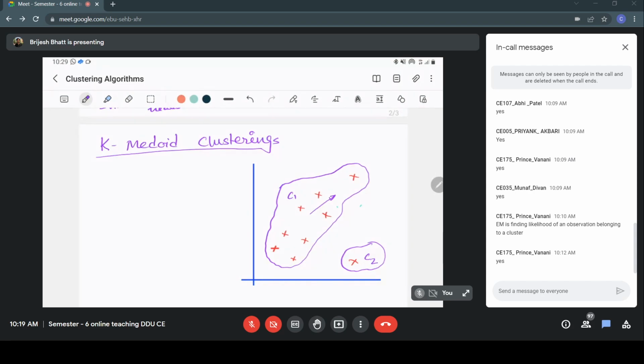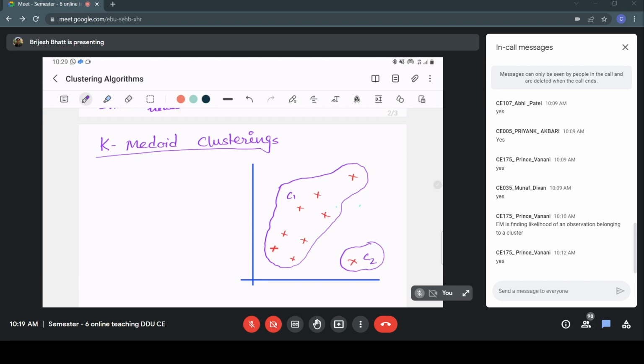Now what we do is, instead of calculating the average of all data points and making a mean which is not a real data point but some number, we make a real data point the mean. And how do we do this?